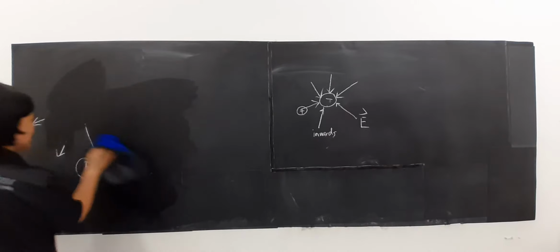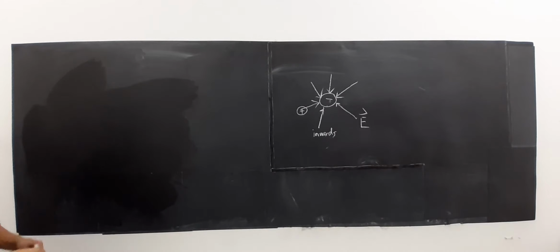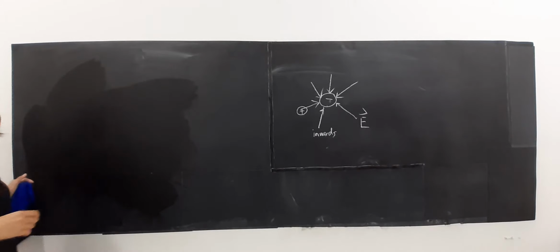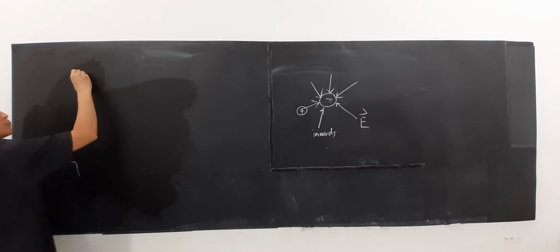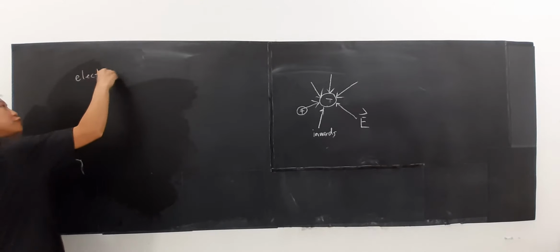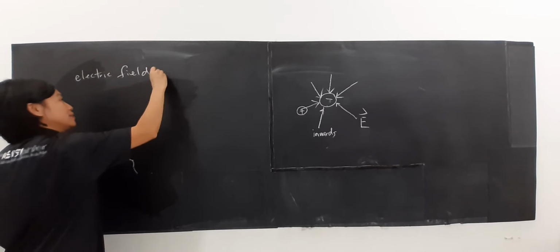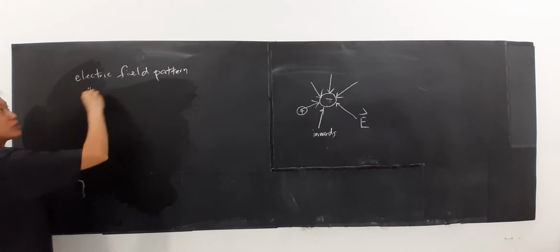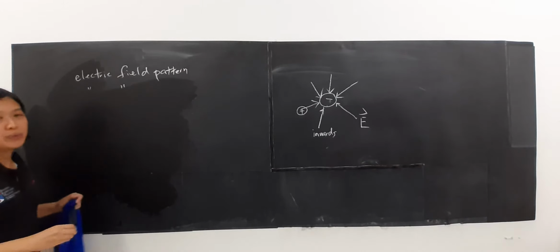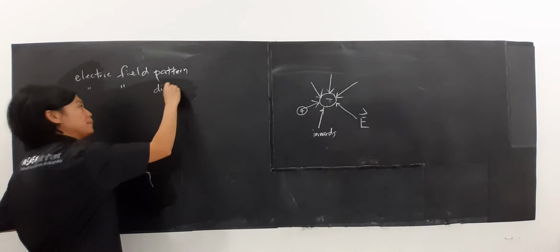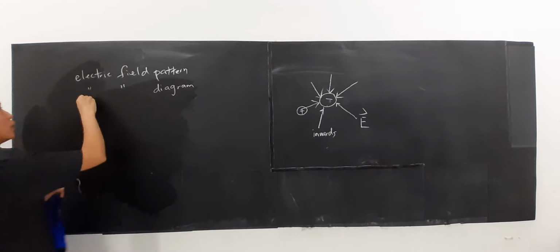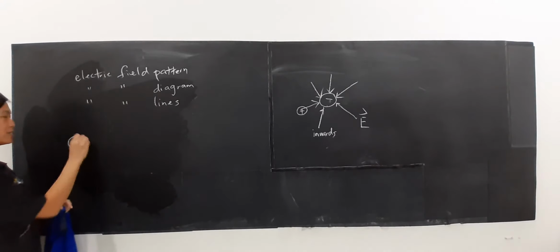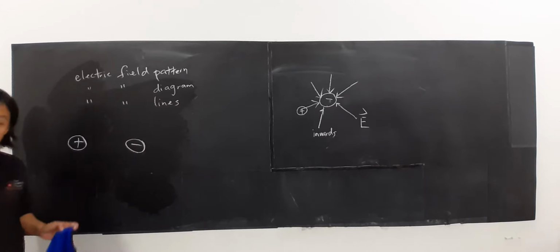Then the next thing. This is today's objective. You need to know how to draw or sketch the electric field pattern. Sometimes the question will ask for the electric field diagram or electric field lines for two charges which we bring close together.